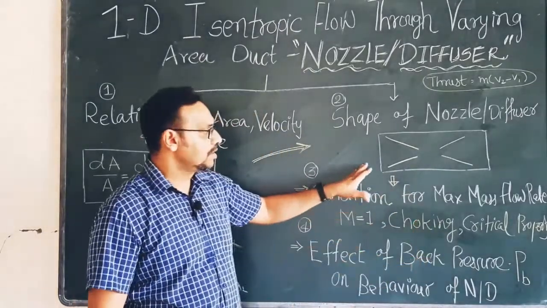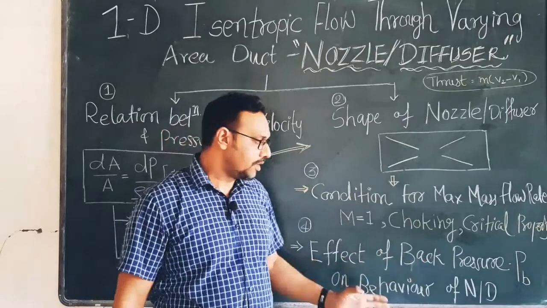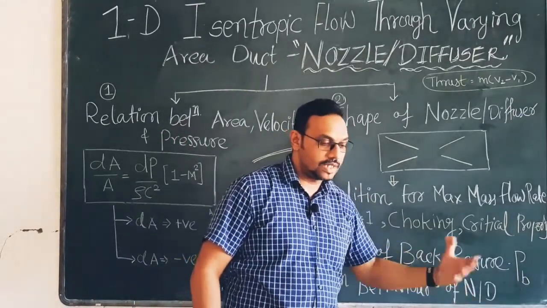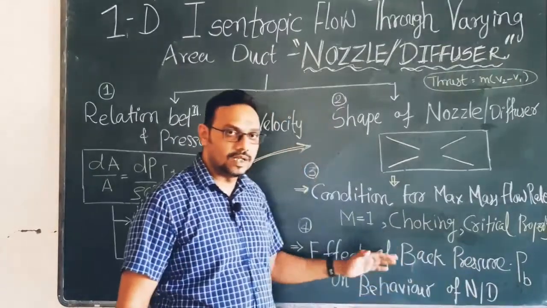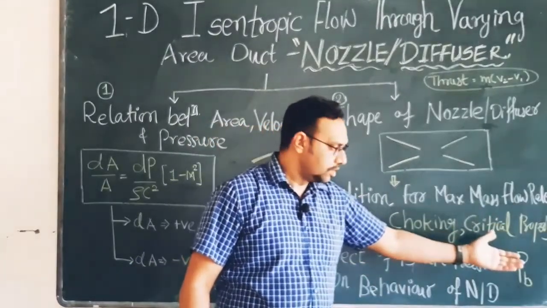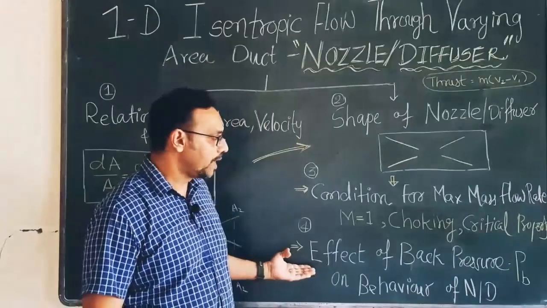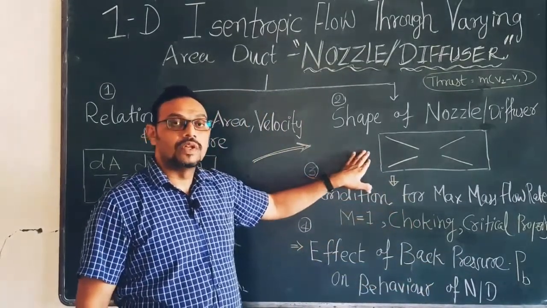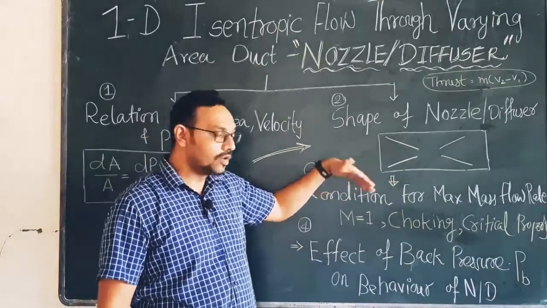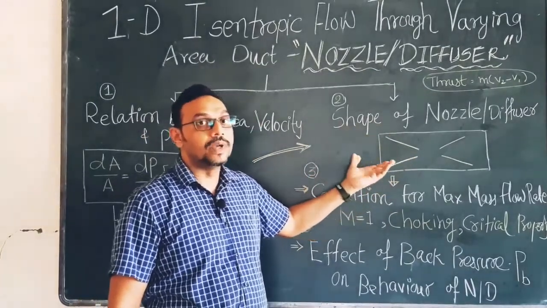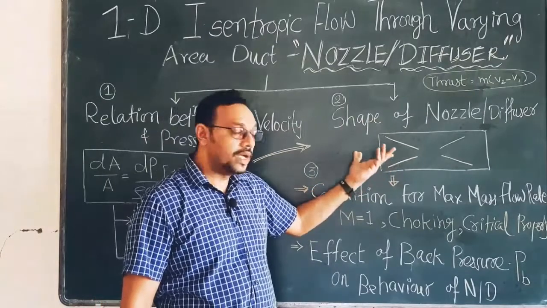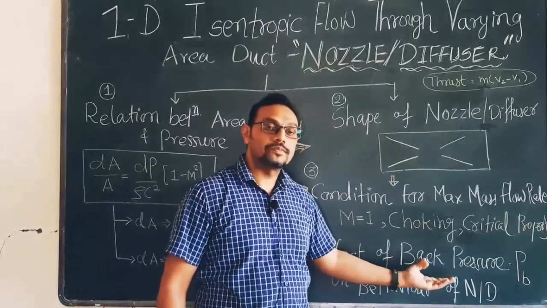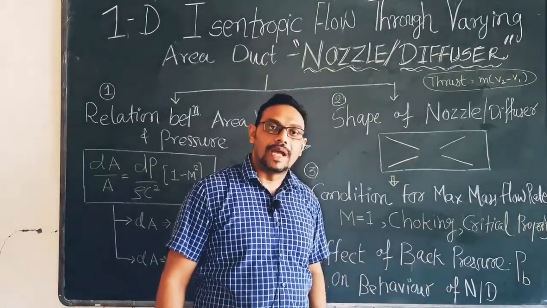The function of a nozzle is to increase the velocity, but if you are not providing the design back pressure, which is basically the pressure downstream of the nozzle, then your nozzle will not function well. That means it will not increase the velocity. Sometimes it may increase the pressure, so it may act like a diffuser if you are not providing the right amount of back pressure.